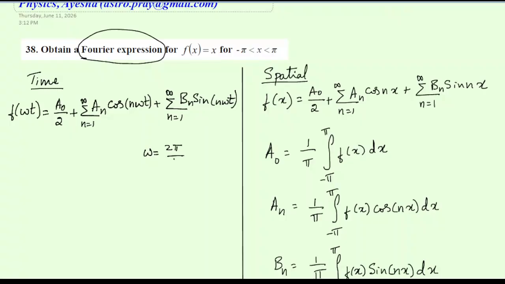That is, omega is 2 pi divided by T. T is the time period of the oscillation or time period of the periodic function.